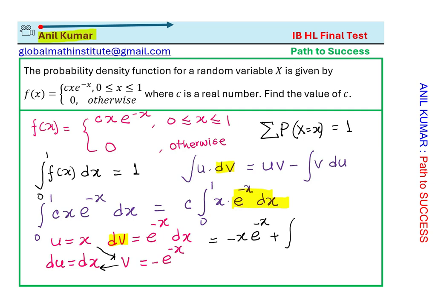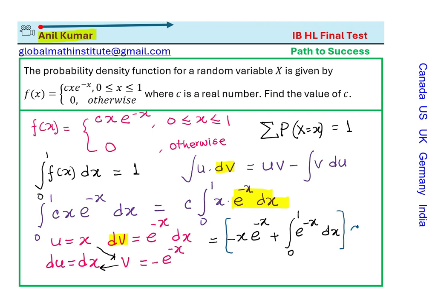We have the integral of e to the power of minus x dx, and this is from 0 to 1. C is being multiplied to all this, so let me put all this in a bracket and multiply by c. Is that clear to you?